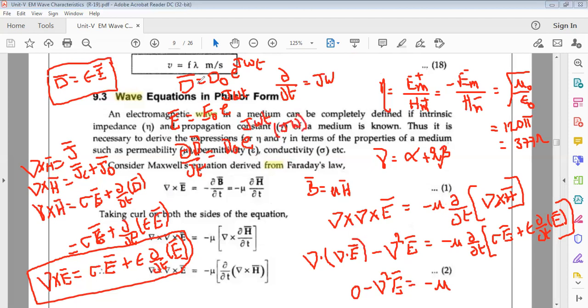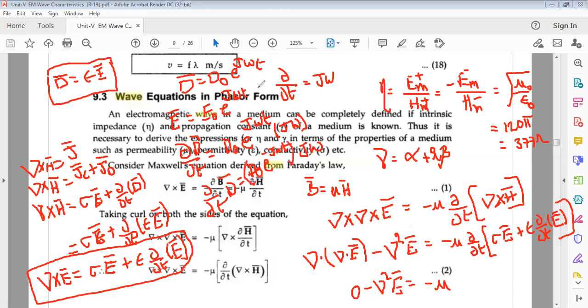My dear students, apply ∂/∂t to both sides. The ∂/∂t of e^(jωt) is e^(jωt) into jω. So ∂D̄/∂t is equal to D₀ jω e^(jωt).